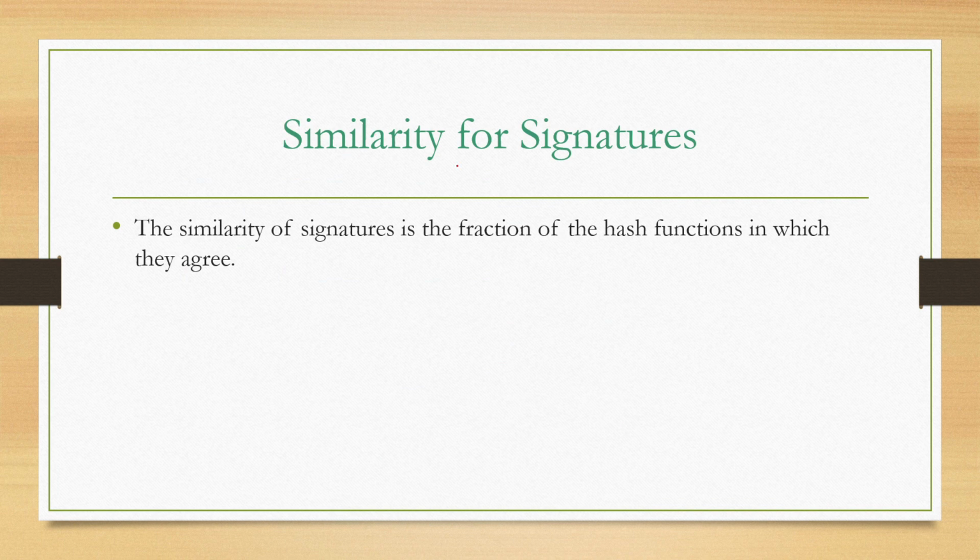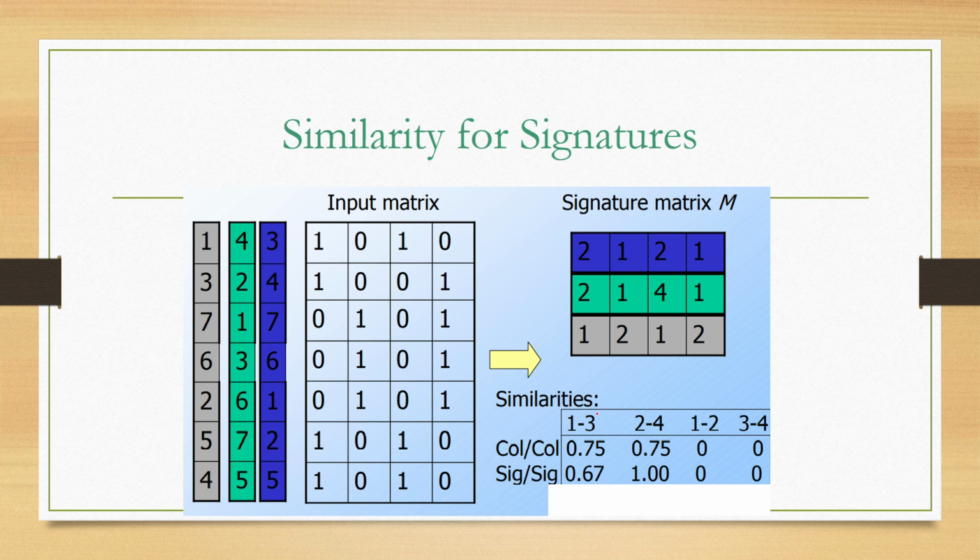So what is similarity of signatures? It is basically the fraction of hash functions in which they are agreeing. So let us see here. So what are similarity for columns? So if you try to find similarity of columns here, and what are the similarity of signatures? So if you see, there is a slight deviation here.